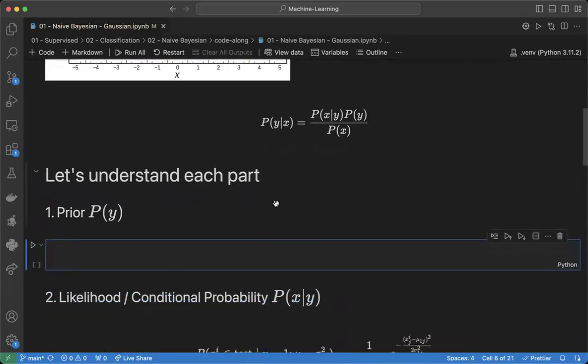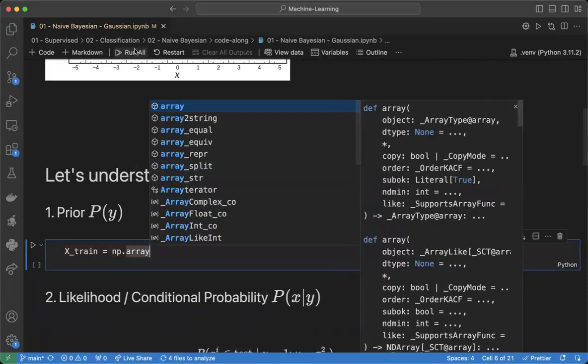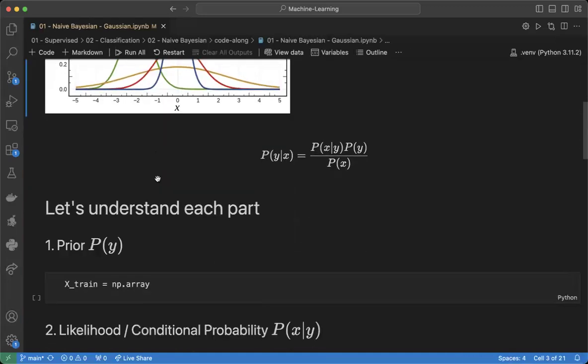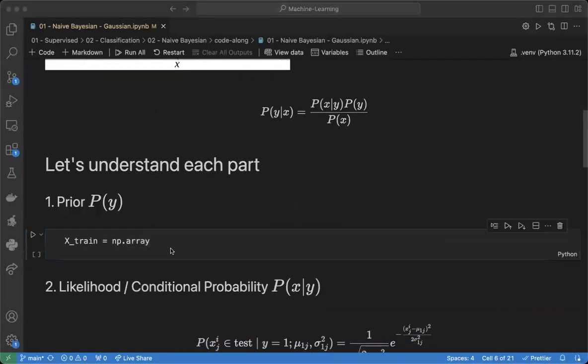So what is this probability of Y? Well, it's actually very simple. Let's say I have X train. Okay, wait, first of all, let me make sure I run this, so that I have NP.